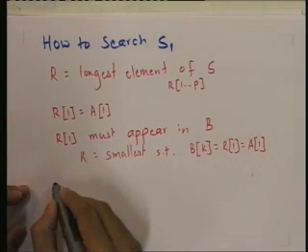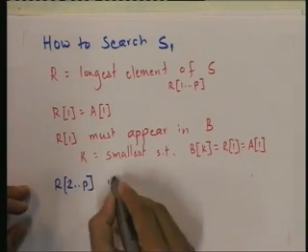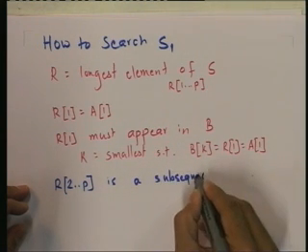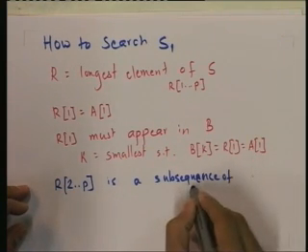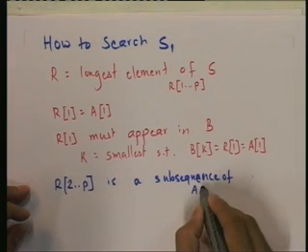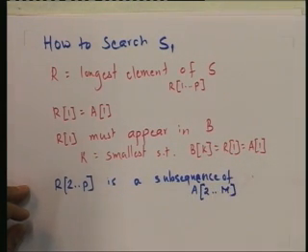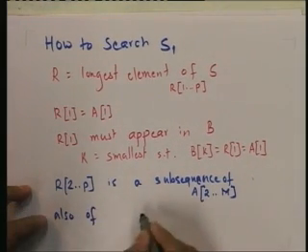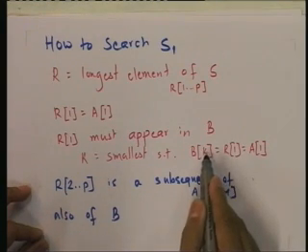So, we know now that R of 2 to P is a subsequence of A, well, not of A, because A1 is already taken up by R1. So, the rest of A, so 2 to M, and also of B from K plus 1 onwards.